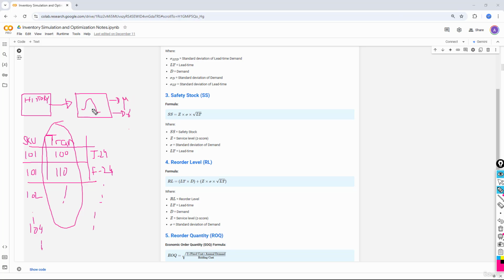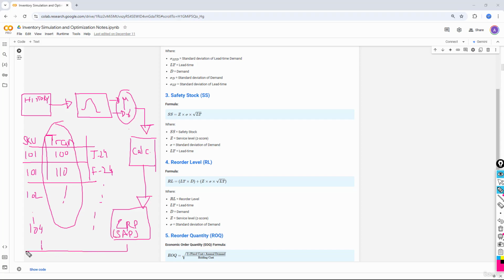It will model it on a normal distribution, let's say, and it will produce mu and sigma, and then you can use these parameters in your set of calculations, which we have just seen here on my right side. So these are my calculations, and then you can put that into your ERP system, for example. So for example, this can be something like SAP or a similar sort of system, and this will be like a closed loop system.